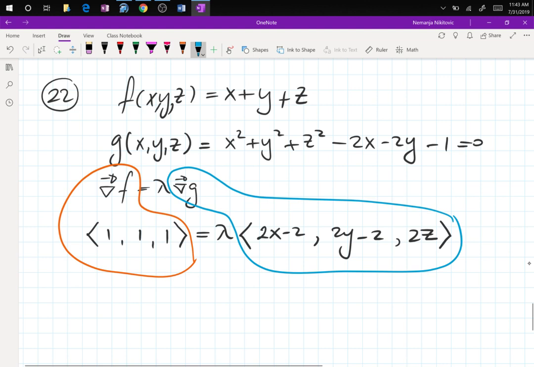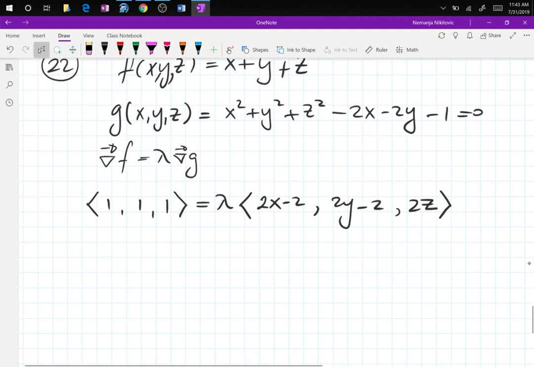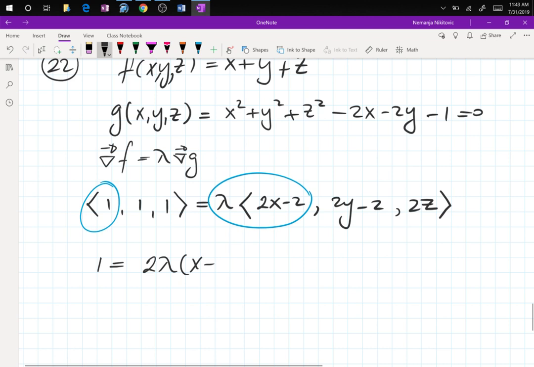Partial derivative of g in respect to x is 2x, and then minus 2. The other terms don't have x in them, so those are all zeros. And when I take the partial derivative in respect to x, it is 2x minus 2. Awesome. So now we are going to take the first one, create the first equation. So we have that 1 is equal to, you can kick 2 out, so 2 lambda x minus 1.